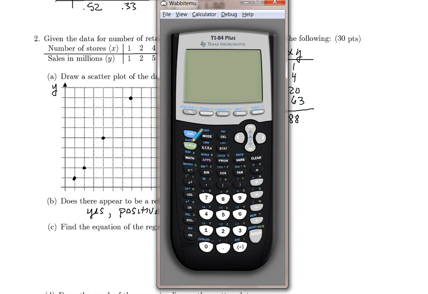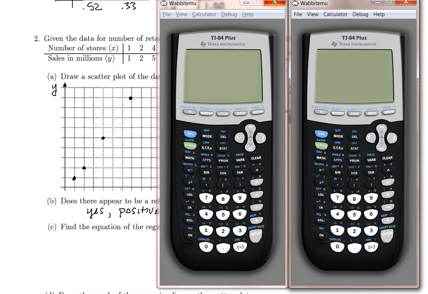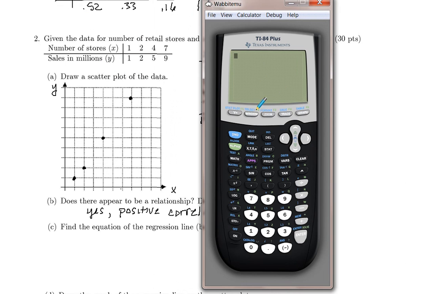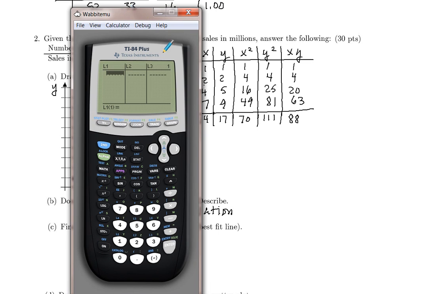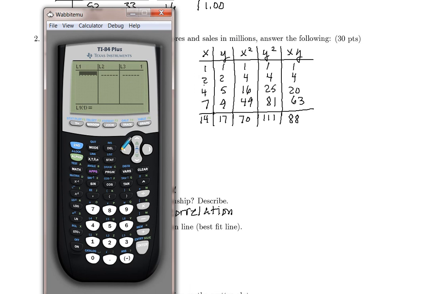Okay, let's see here. Got to start up a new calculator. So remember, you want to go to Stat and then Edit and put in your lists. For our x's, 1, enter, 2, enter, 4, enter, and 7, enter.